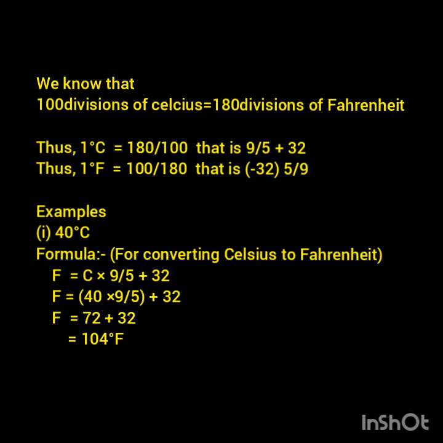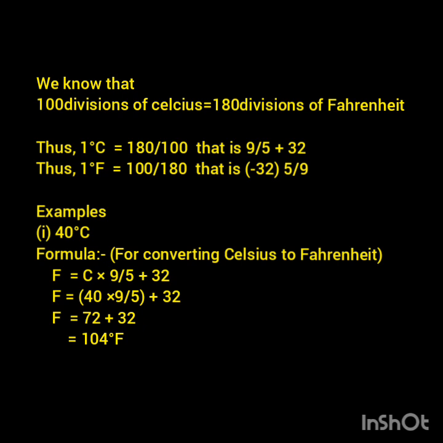That means it begins with 0 degrees Celsius and ends at 100 degrees Celsius. In the same way, the Fahrenheit scale is divided into 180 divisions. It begins with 32 degrees Fahrenheit and ends at 212 degrees Fahrenheit.